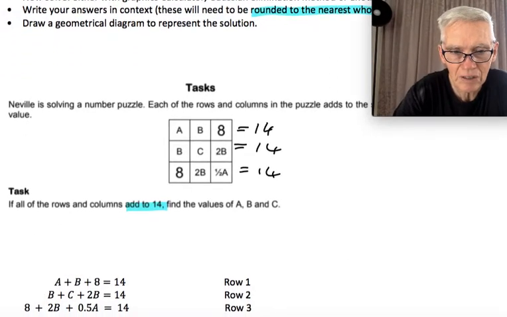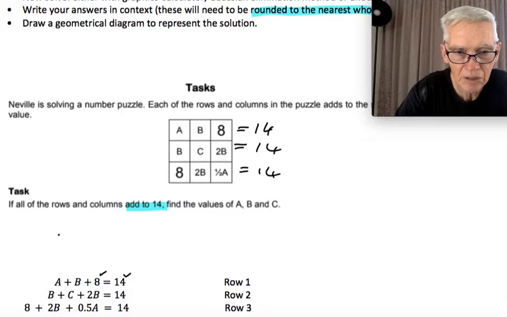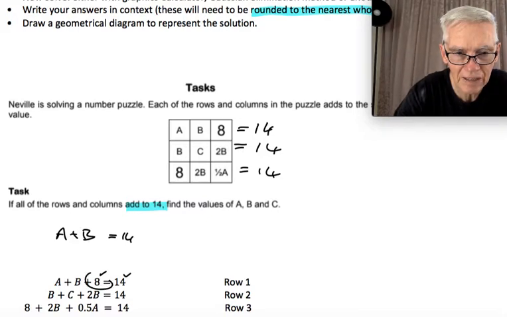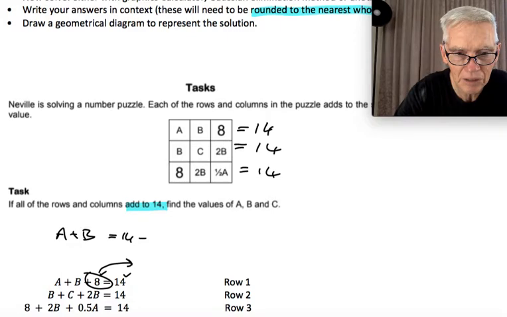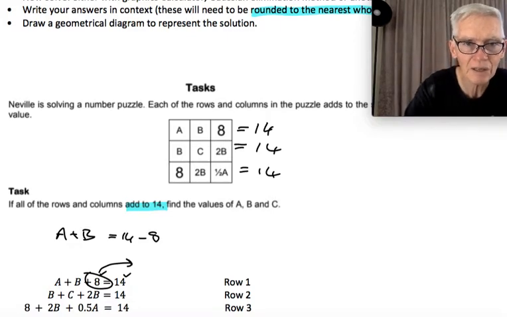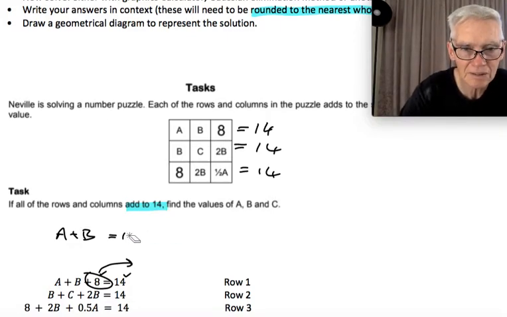Now when you're solving these, be careful because you need to combine your numbers, the 8 and the 14 together. So by using change side and change sign, I'm moving the 8 from the left-hand side of the equals to the right, so I make it minus 8. And 14 minus 8 is going to give me 6. So that's why my top equation would be A plus B equals 6.